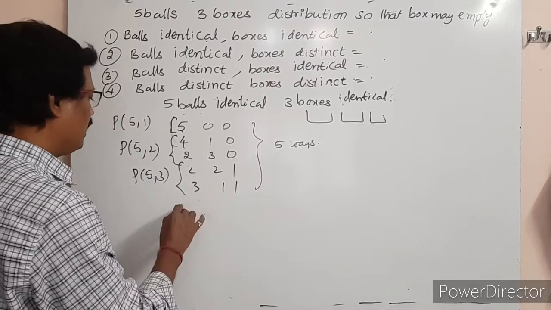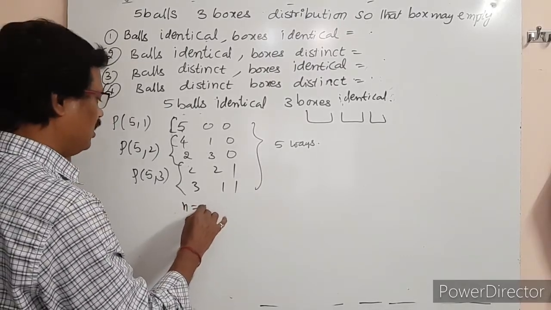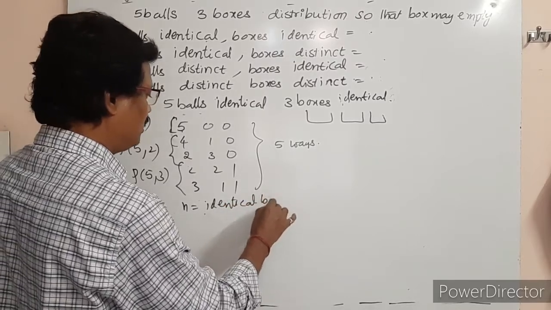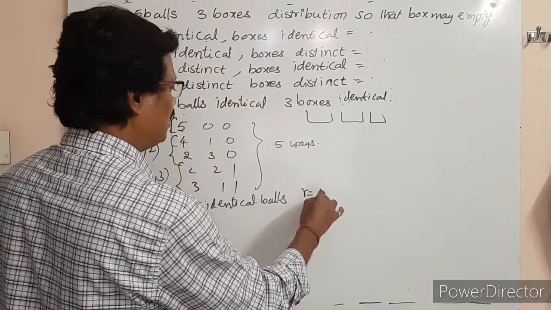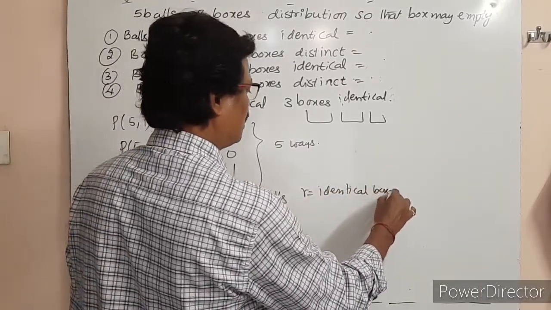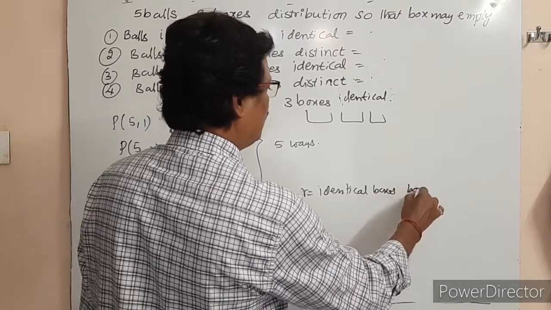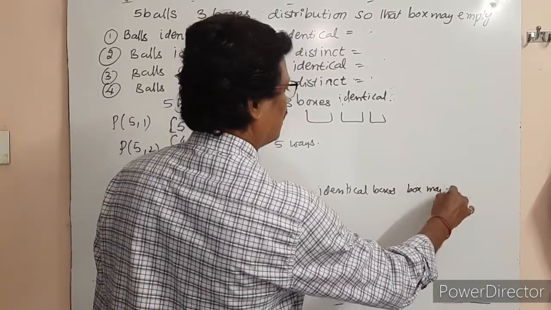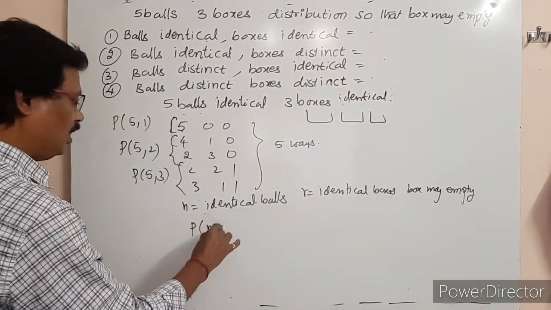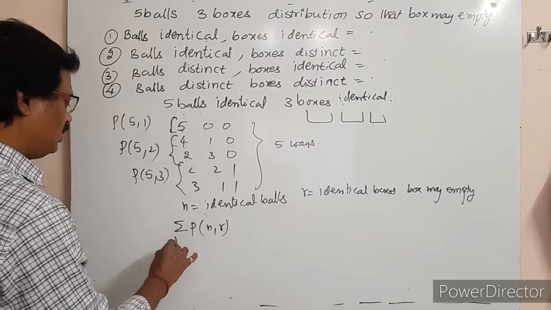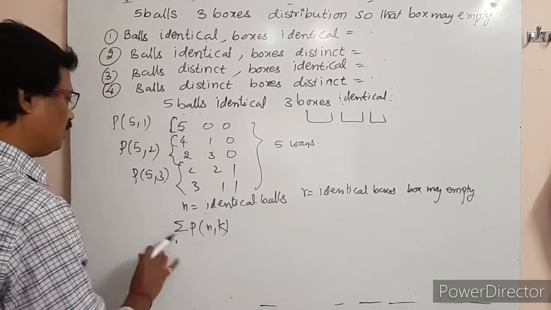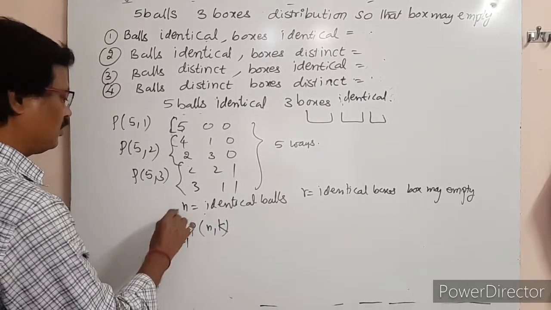Therefore, generally we can write this: n identical balls and R identical boxes, a box may be empty. P of n comma R is equal to the sum over k is equal to 1 to R of P of n comma k.